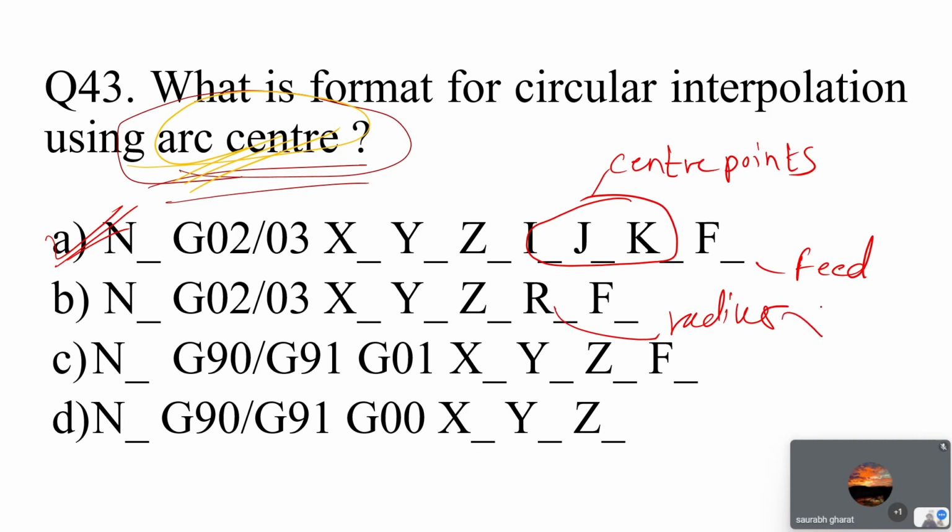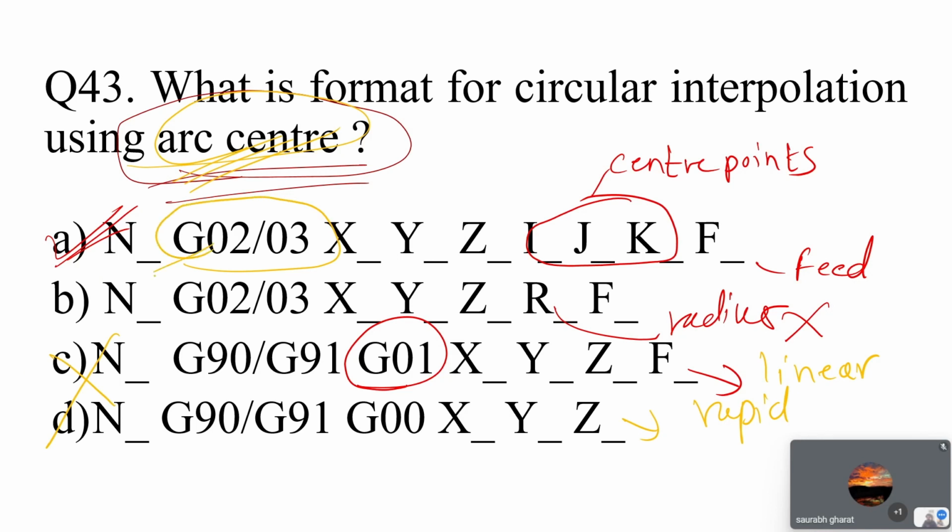We are not considering radius here, and G01 is for linear interpolation, so it is not for circular interpolation. This will be a different concept. You know this part, linear interpolation we are using here. And this is for rapid traverse, rapid motion. So this option is not circular. Only G02 and G03 are for circular, and again for arc centers.